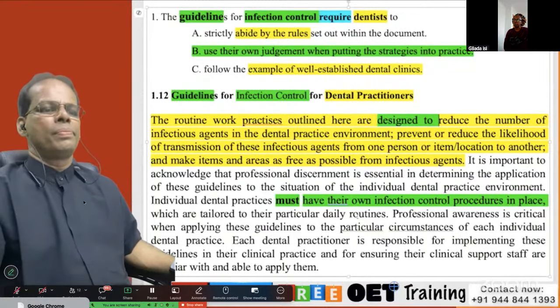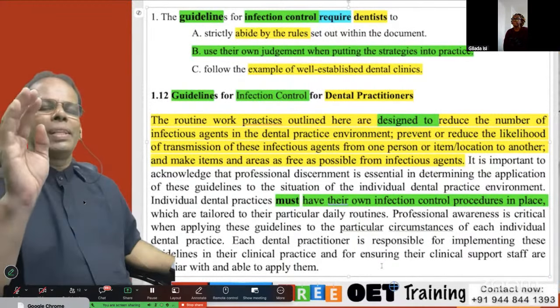Professional awareness is critical when applying these guidelines to the particular circumstances of each individual dental practice. Each dental practitioner is responsible for implementing these guidelines in their clinical practice and for ensuring their clinical support staff are familiar with and able to apply them.